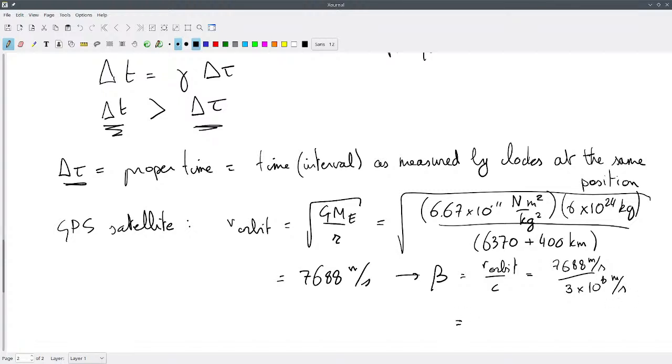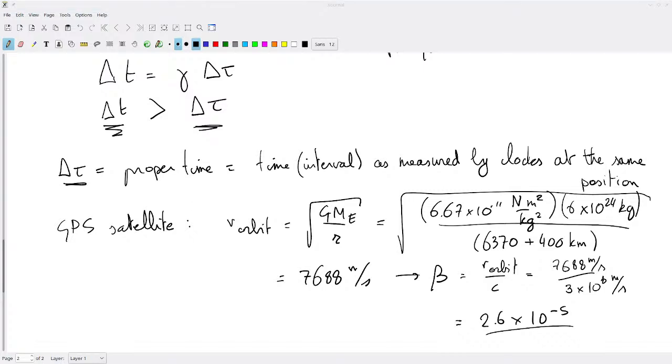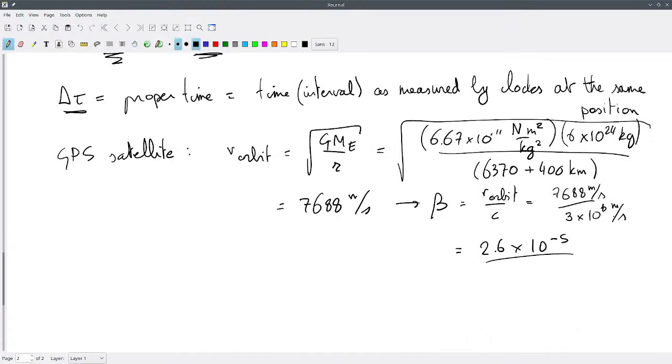If you do the math, you'll find beta is about 2.6 times 10 to the minus 5. So a GPS satellite is going at a very small fraction of the speed of light, but it is a non-negligible fraction. Of course, it's non-zero.